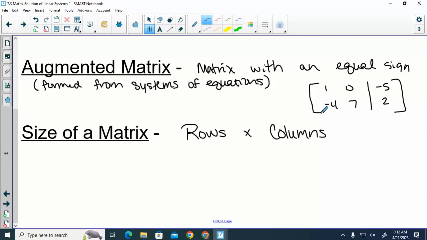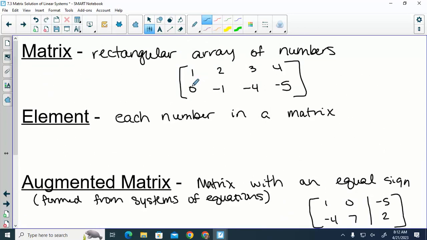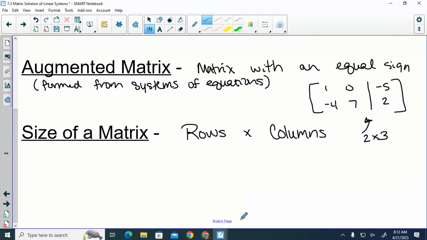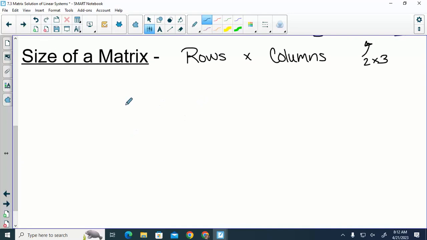Rows go right, horizontal, just like in Google Sheets or Excel, anything like that. So there's 2 rows, how many columns? 3. So this is a 2 by 3 matrix. What's this one? 2 by 4. 2 by 4 matrix. So you always have to list rows first.